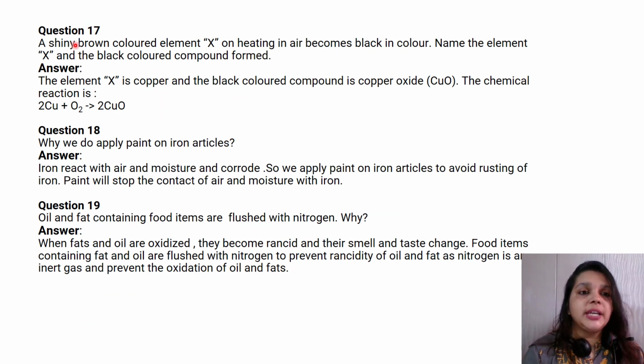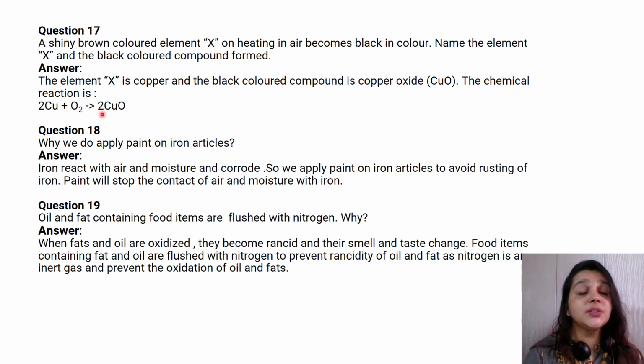Next question, a shiny brown colored element X on heating in air becomes black in color. Name the element X and the black colored compound formed. It seems like a lot of vague parts, but let's understand properly. The element X is copper and the black colored compound is copper oxide. The chemical reaction is 2Cu plus O2.